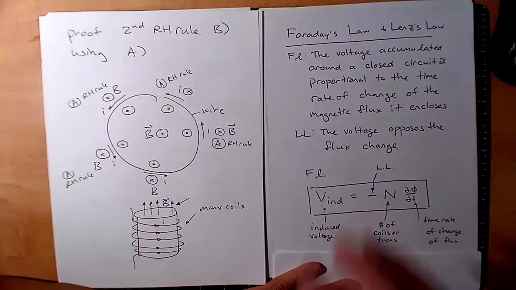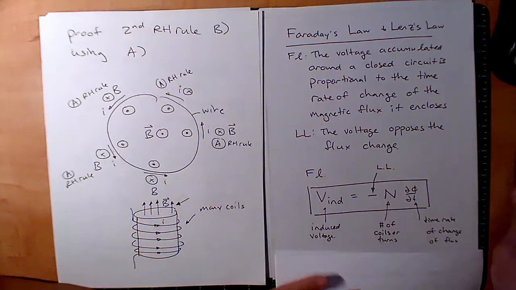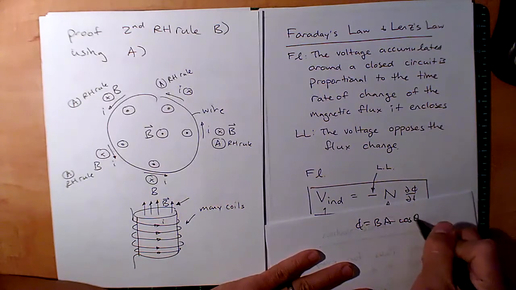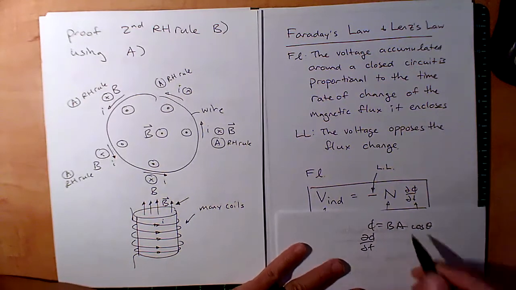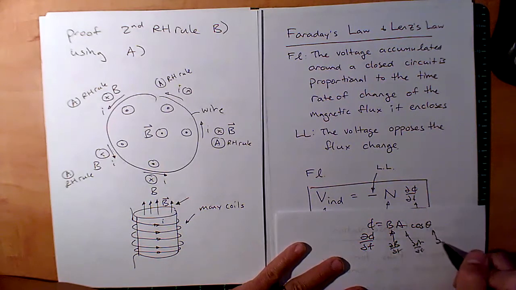One thing that I want you to note in this is the d phi dt. Remember the definition of flux, phi equals BA cosine of theta. Well, what would I have to do to get a d phi dt? What could change? I could change B, get a dB dt, a dA dt, or a d theta dt.